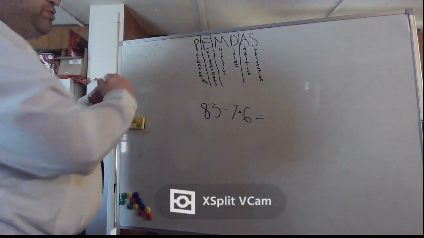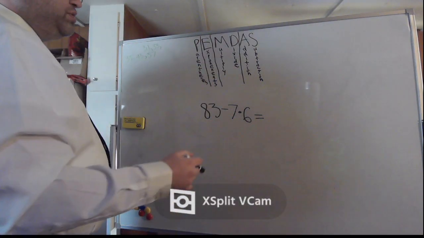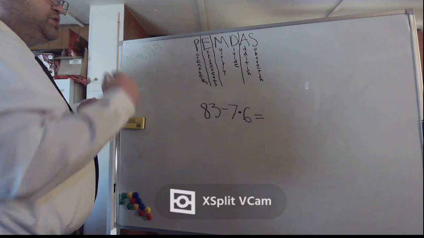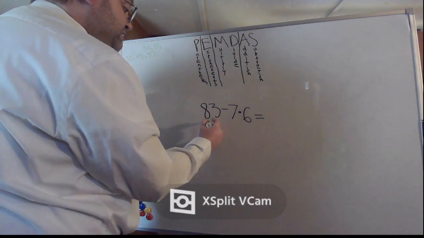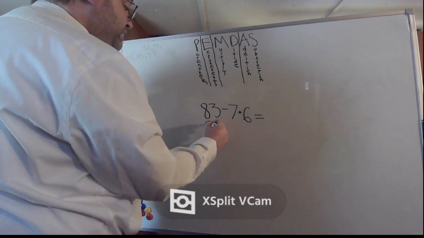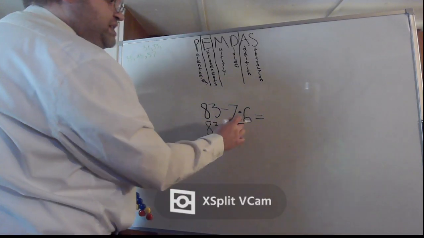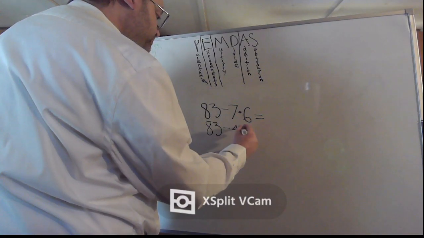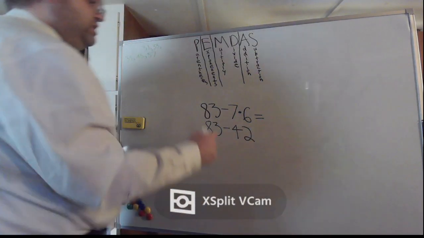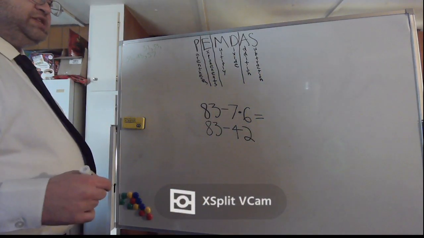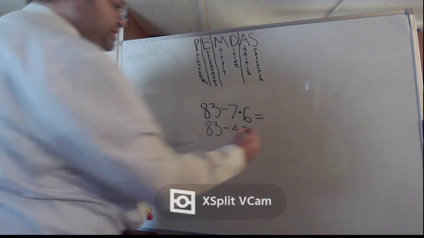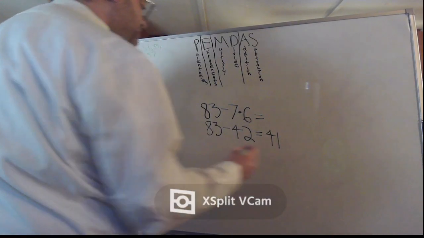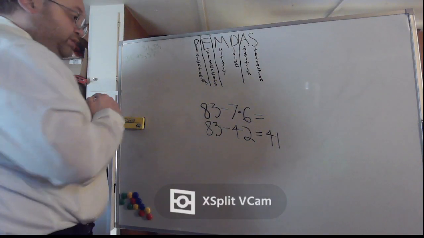We don't have any parentheses, we don't have any exponents, but we do have multiplication. That's going to come next. So you would solve for that 7 times 6 first. So you'll have 83 minus, what is 7 times 6? That's 42. So you're left with 83 minus 42, which is 41. So your answer to the problem would be 41.